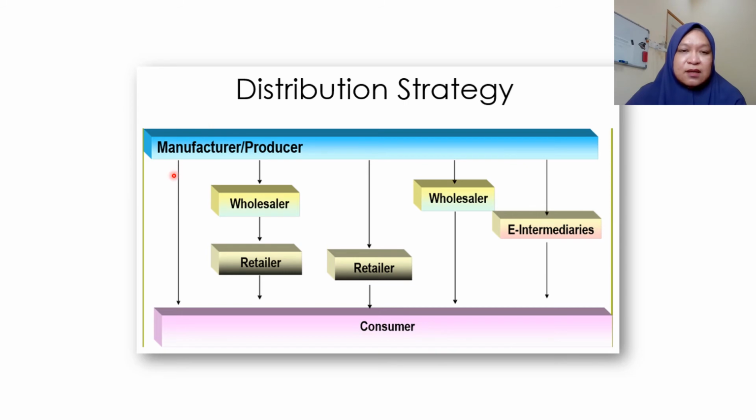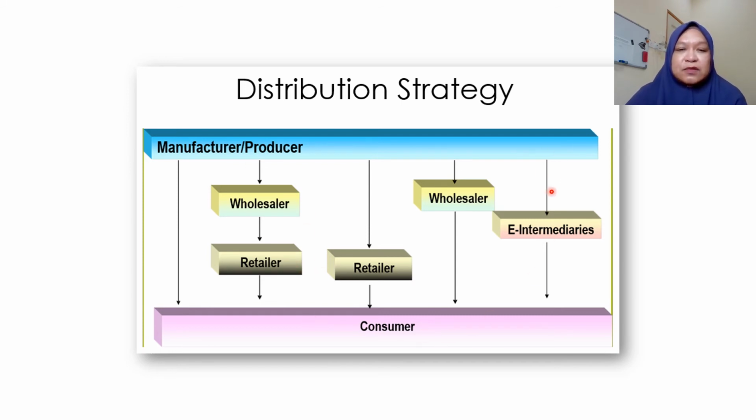After that you will draw the distribution strategy diagram here. Let's say you are the manufacturer or the producer, direct to the customer, or you are the service provider, direct to the customer. If you are the producer, you sell to the retailer, or you go through the wholesaler first and the wholesaler will sell it to the retailer.